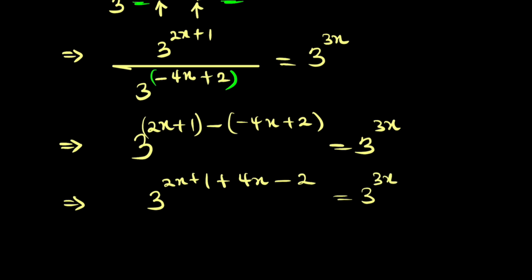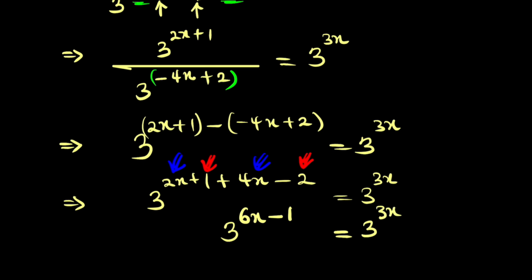Still tidying this up, we now have 3 raised to power, this is 2x, this is 4x, so altogether that is 6x. And then this is plus 1, and this is minus 2. Plus 1 minus 2 is simply minus 1. So that is equal to 3 raised to power 3x.